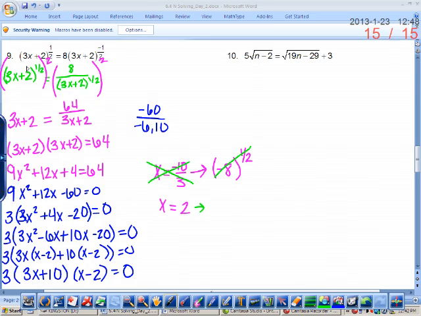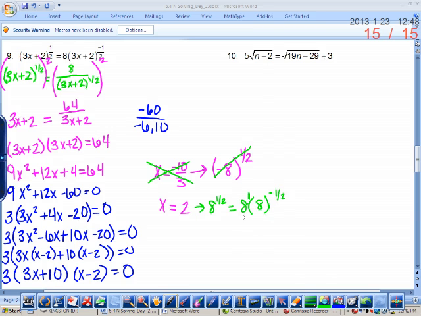3 times 2, 6 plus 2. So this is 8 to the 1/2. And I want to know if that's equal to 8 over what? Or wait, sorry, let me do it from the original equation. This would be 8 times 8 to the negative 1/2.